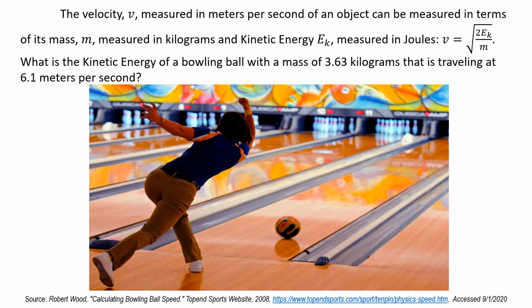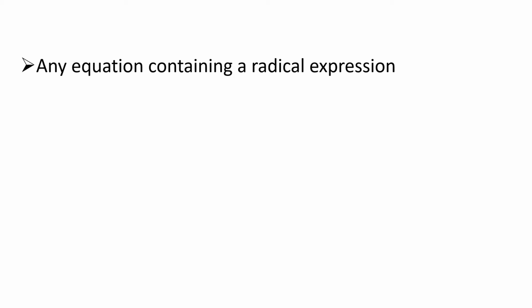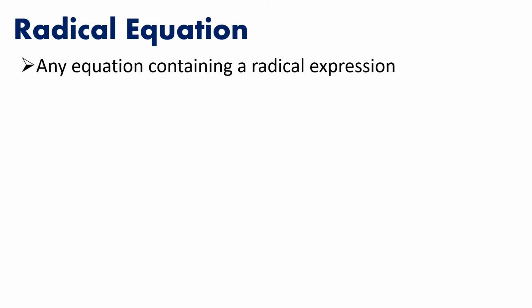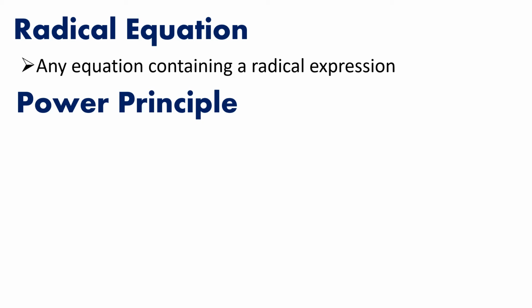These are examples of real-life applications of radical equations. Any equation containing a radical expression is called a radical equation. When there are two radical expressions in an equation, the efficient way to solve it is to isolate one radical expression, then apply the power principle.